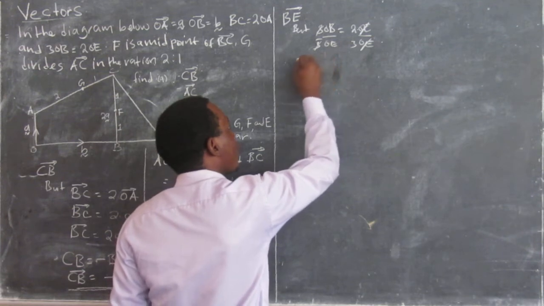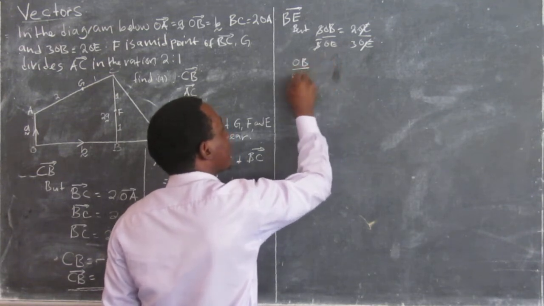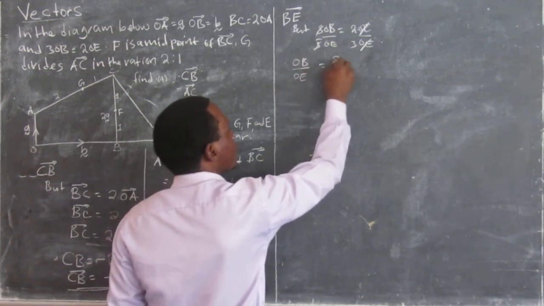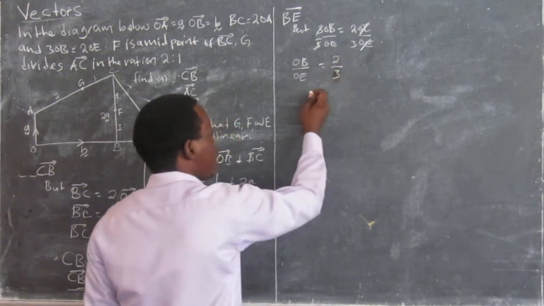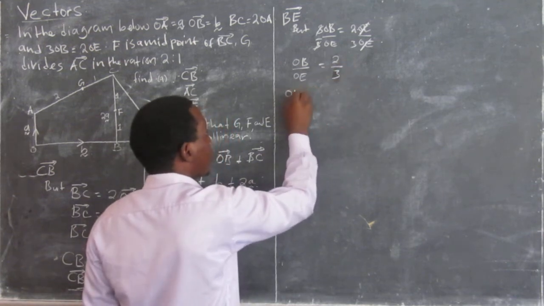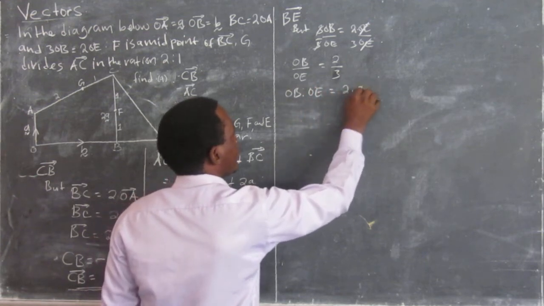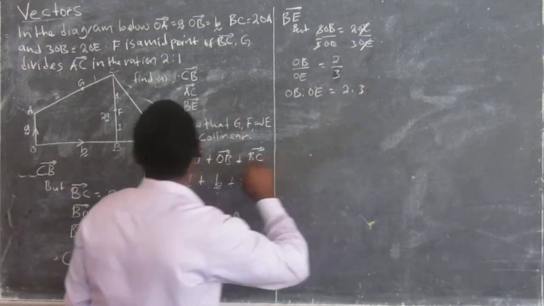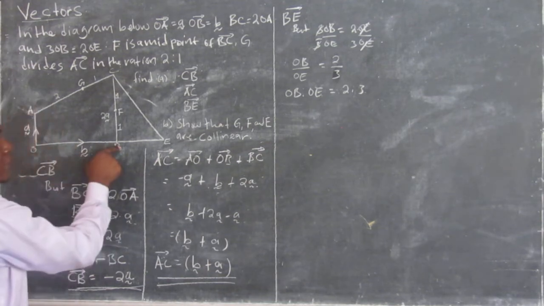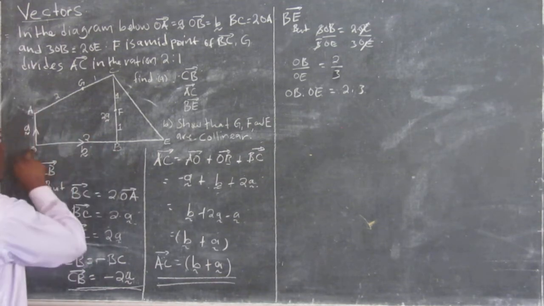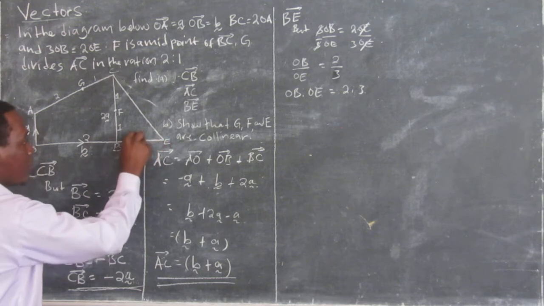We shall have OB out of OE is equal to 2 out of 3, meaning that we have the ratio of OB to OE as 2 to 3, meaning that O to B is supposed to be 2, and O to E is supposed to be 3, meaning that here we have 1.